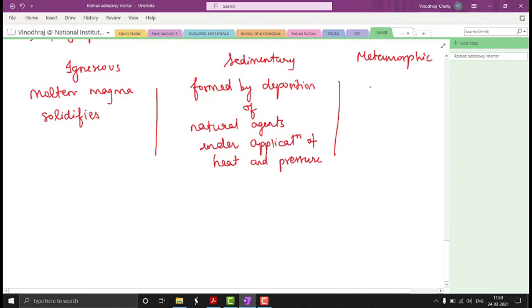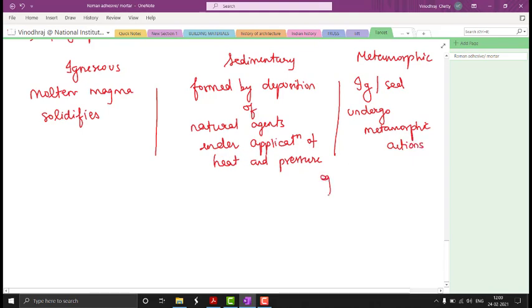Okay. So then the last one is metamorphic. So this happens when igneous and sedimentary rocks undergo metamorphic action. Okay. So that is when metamorphic rocks are obtained.